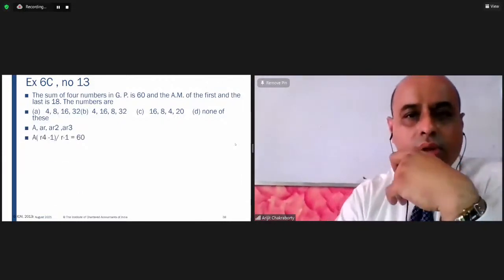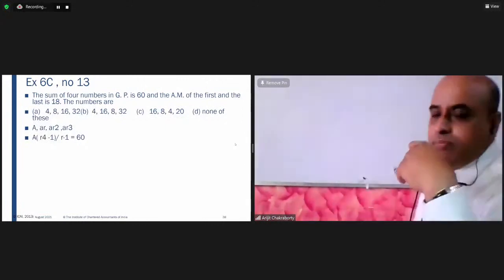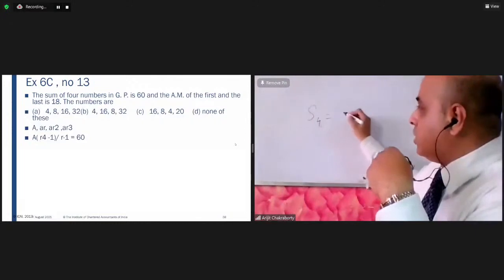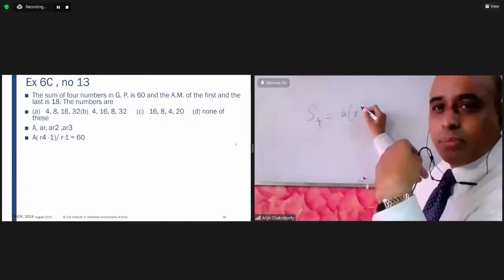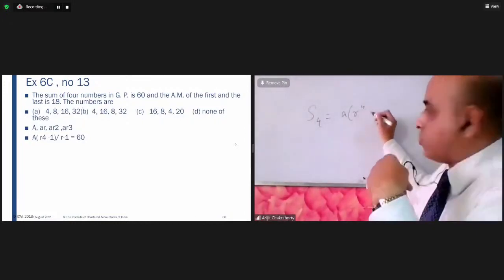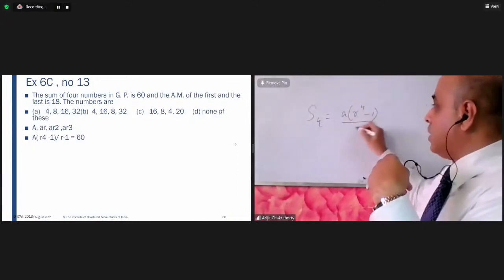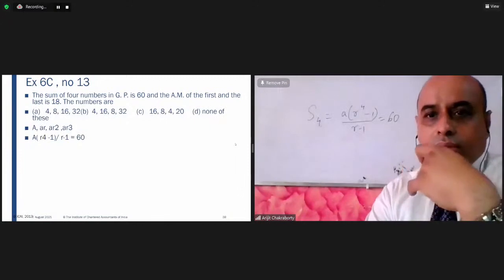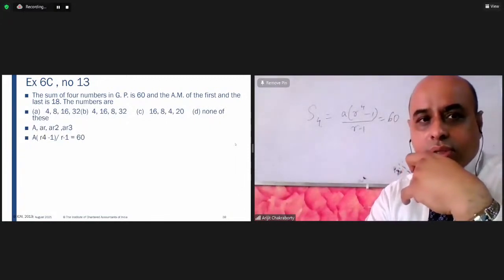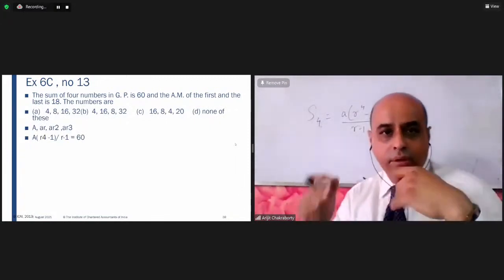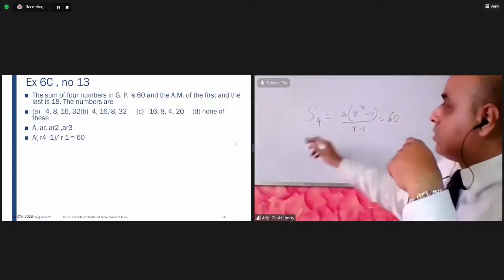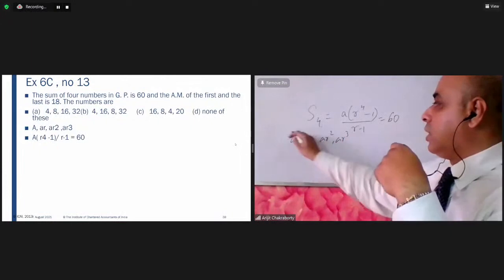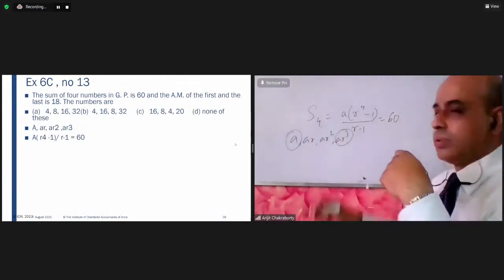First of all, it's given that the sum of four numbers in GP is 60. So we can write S4 is equal to a (r to the power 4 minus 1) by (r minus 1). This is 60. This is the first equation we get. The second is the AM of the first and the last is 18. The first term we have taken is a and the last term is ar cube.